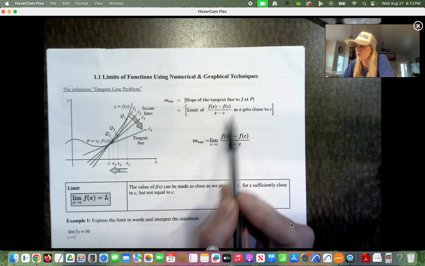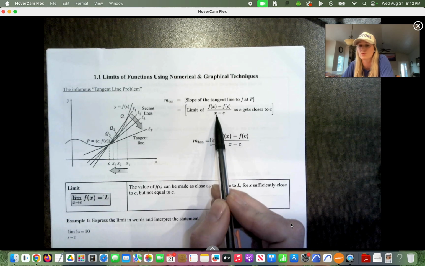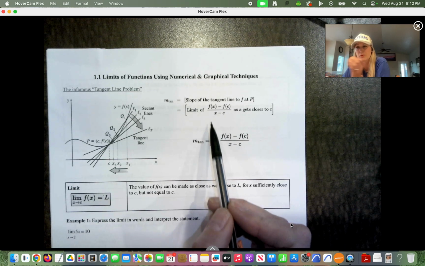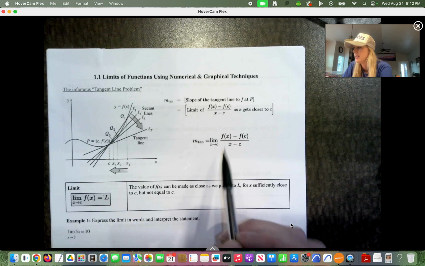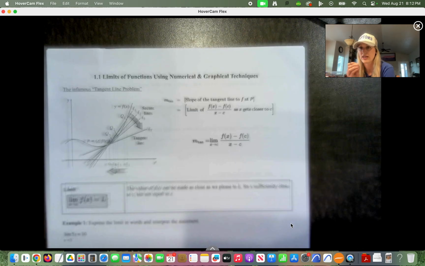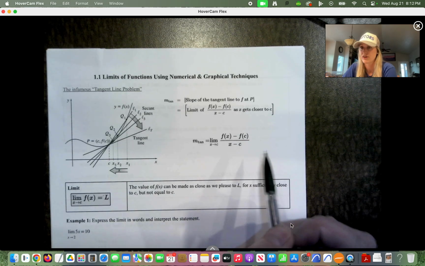This is our slope formula, where I have f of x minus f of c over x minus c, but I don't want x to be c because otherwise I'm dividing by 0. So I want x to be as close as I can get to c, approaching c, closer and closer. And we call that limiting. As I approach an x value that I want, without actually getting to that exact value, what is the resulting value that I see?